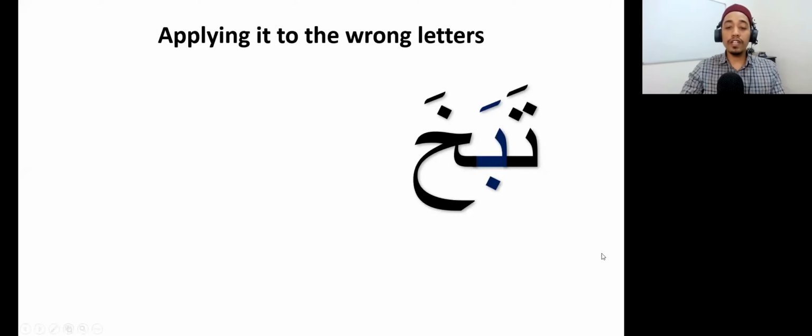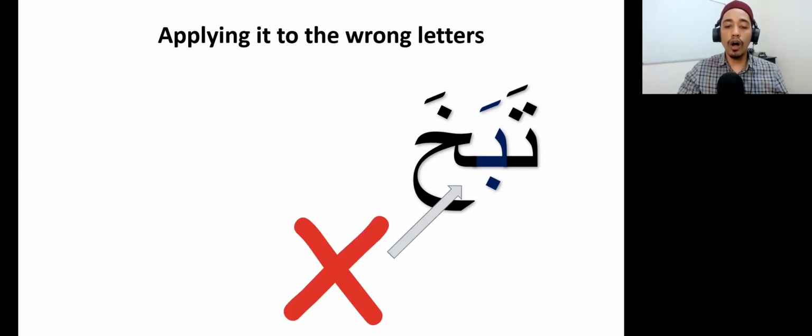So the correct way of reading that word is tabakha. Now what happens if the kha influences the letter before it? It makes that letter also have a full sound. It becomes tabakha. So if we say tabakha, it's incorrect because we made the letter that doesn't have this fullness full.